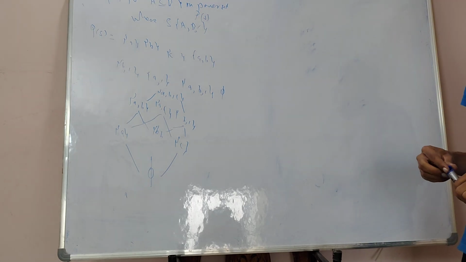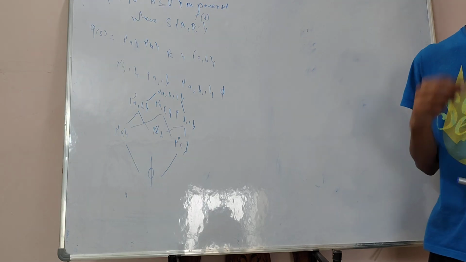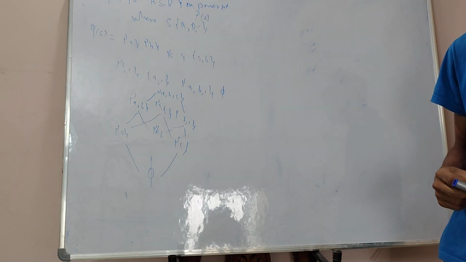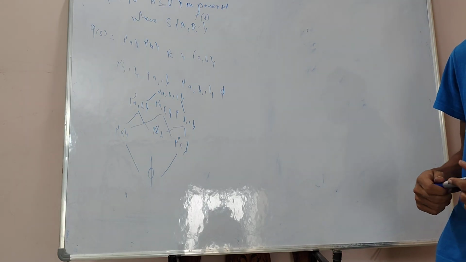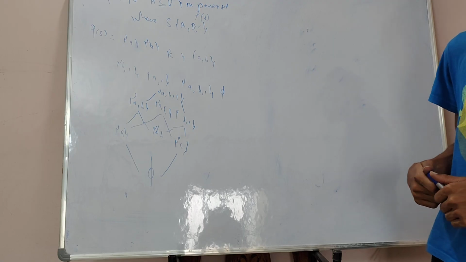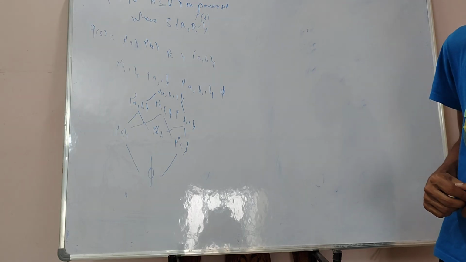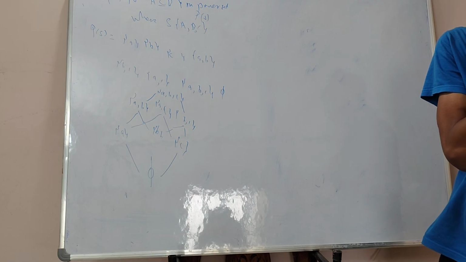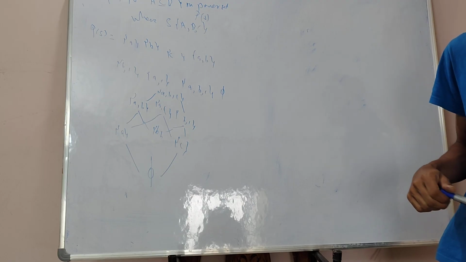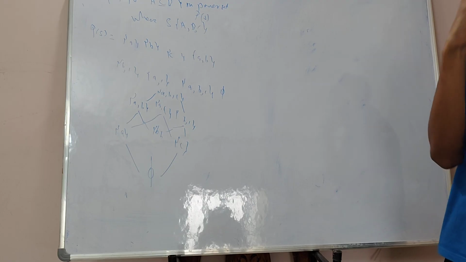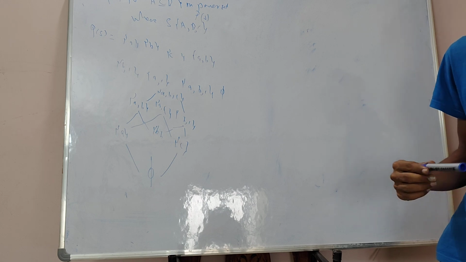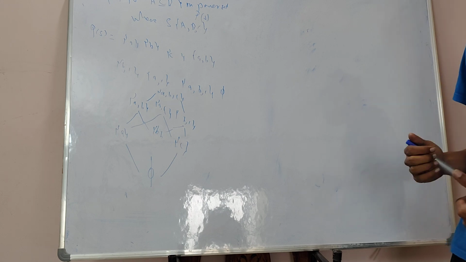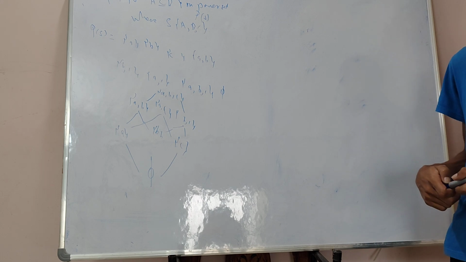Now the greatest element is a maximal element that is unique, and every element is less than or equal to it, and the least element is a minimal element that is unique, and every element is greater than or equal to it.